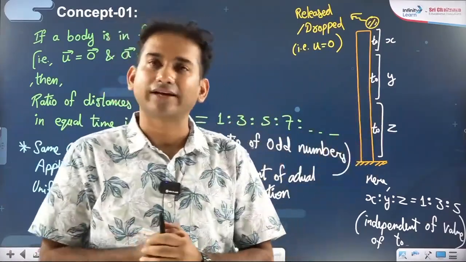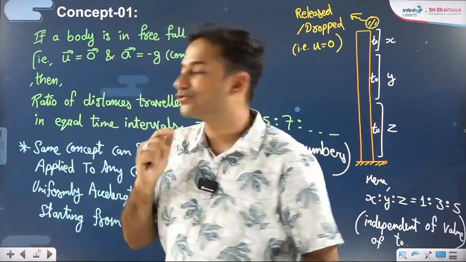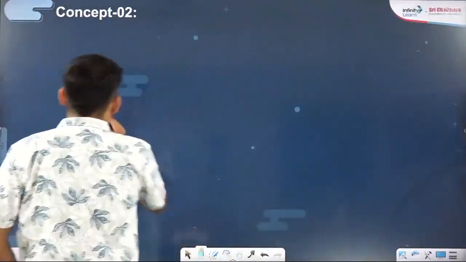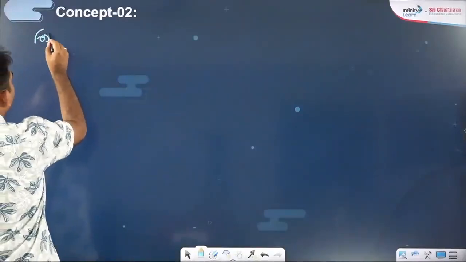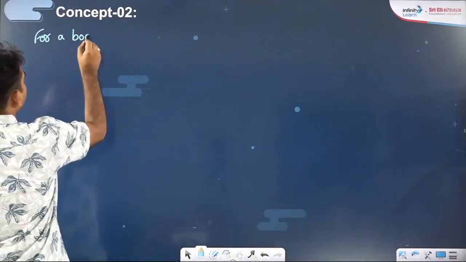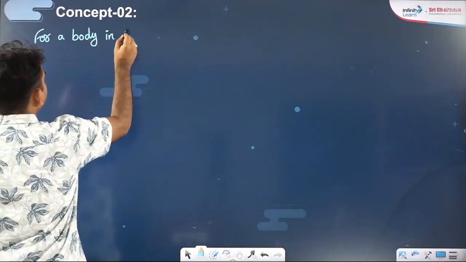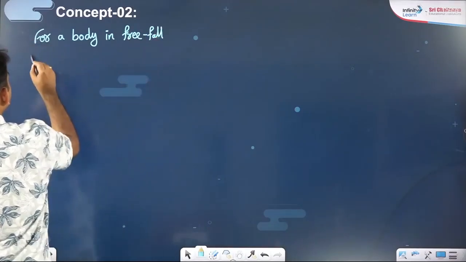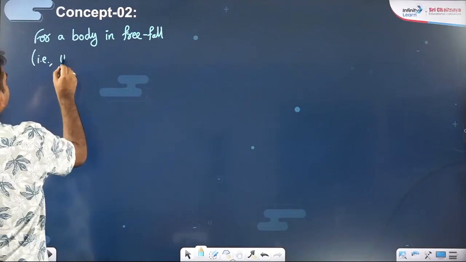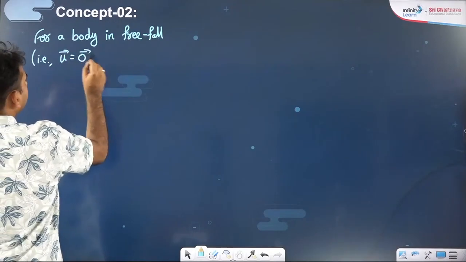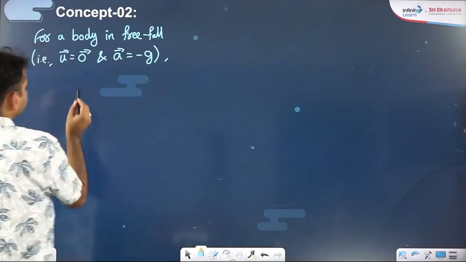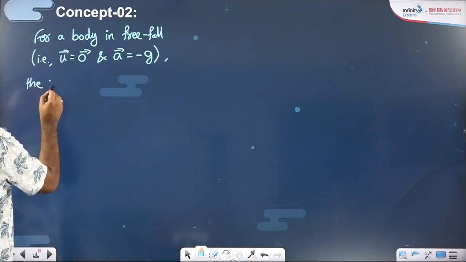equal distances to be traveled is going to get reduced. So now, for a body in free fall, that is the case we are considering here, the initial velocity will be 0 and the acceleration will be equal to minus g, and that is going to be constant.